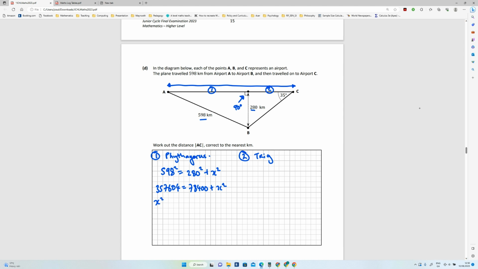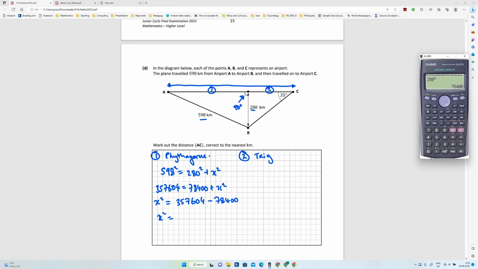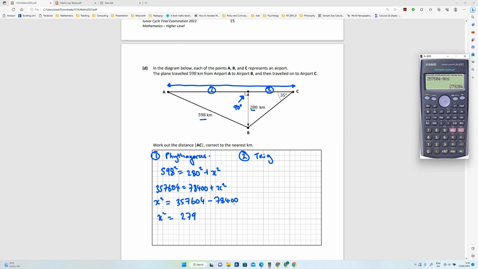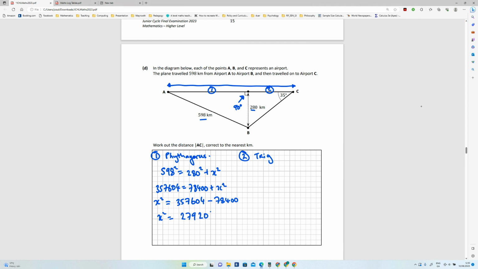So x squared is equal to this one subtracted from the other one. So x squared is equal to 357,604 minus the answer, which is 279,204.